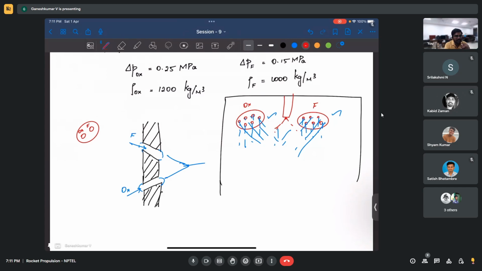Usually, initially you need ignition, right? At the start of the rocket motor you need ignition, and later, when you supply fuel and oxidizer at a certain mass flow rate, that flame gets sustained within the combustion chamber.